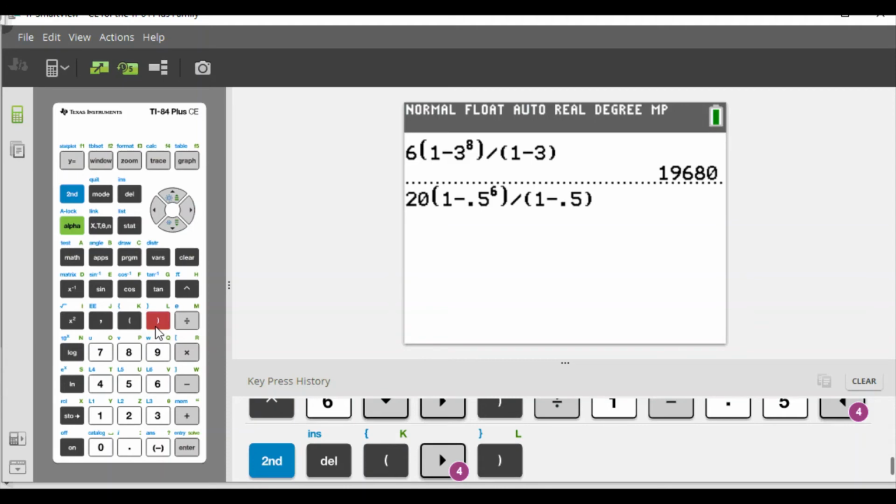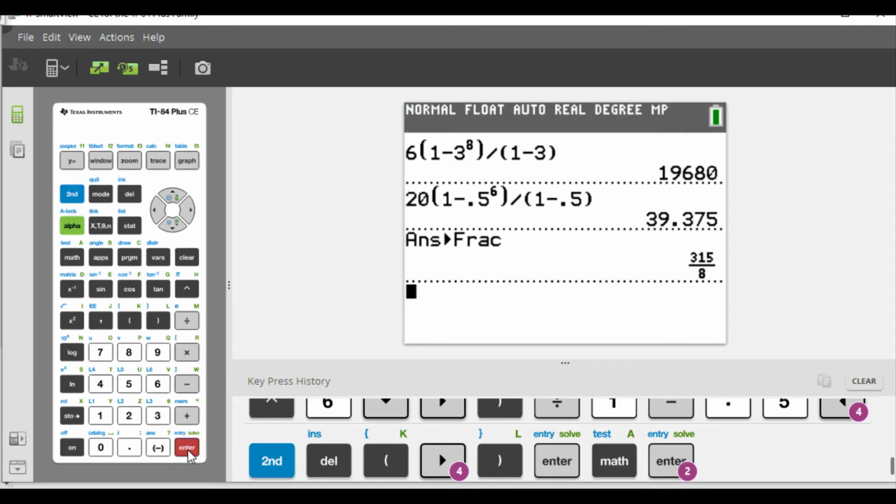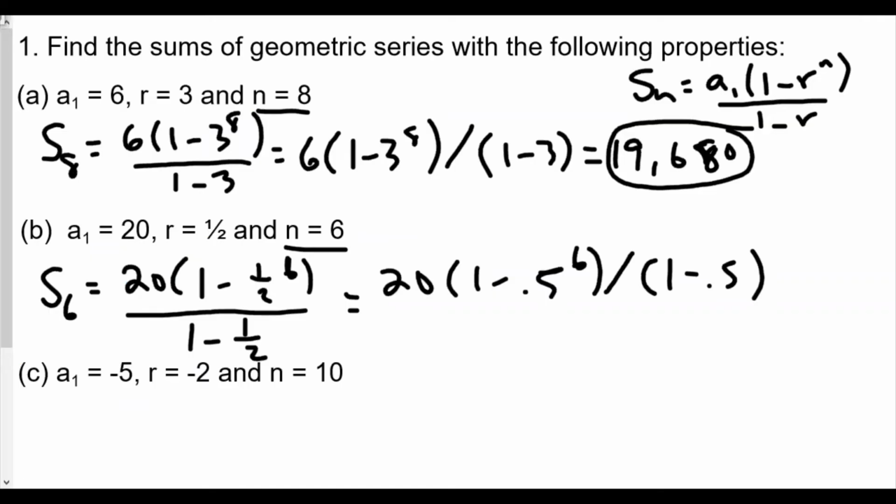So we find the answer should be 39.375. Now, 39.375 can be calculated as a fraction. Hit our math button, hit enter twice, and it's 315 over 8. So we get 39.375, or 315 over 8.